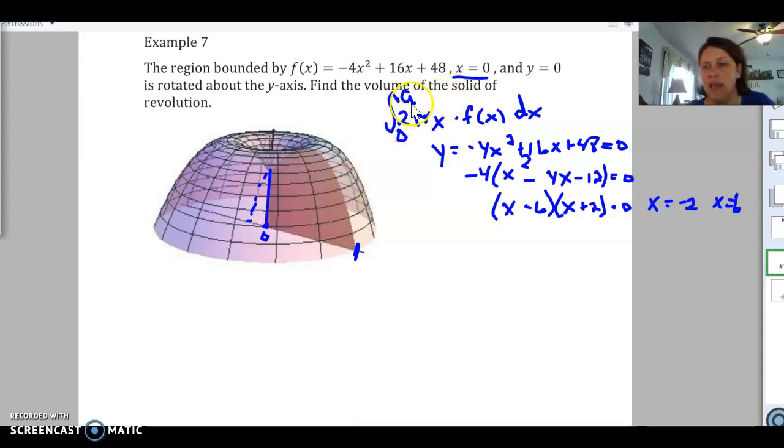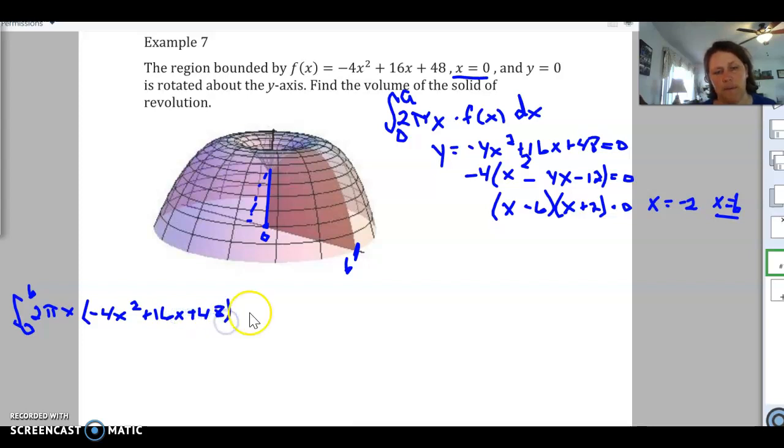Then a, we also have x equals 6. So that must be 6. And so that is where our limits of integration are going to be. So we'll have the integral from 0 to 6 of 2 pi x times negative 4x squared plus 16x plus 48 dx.